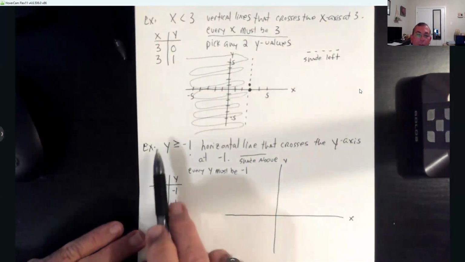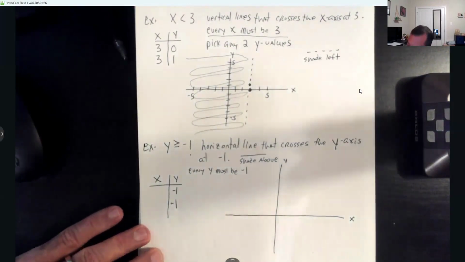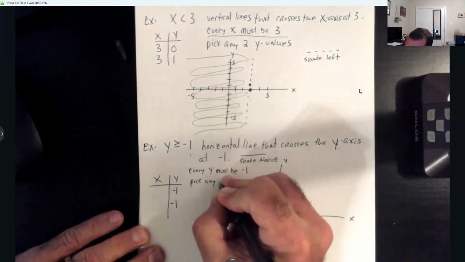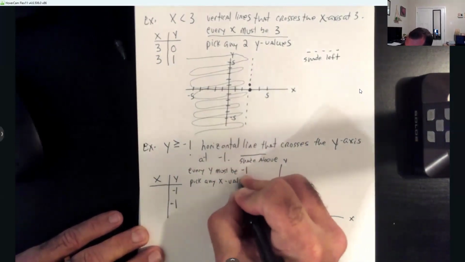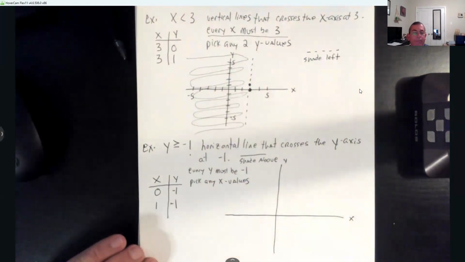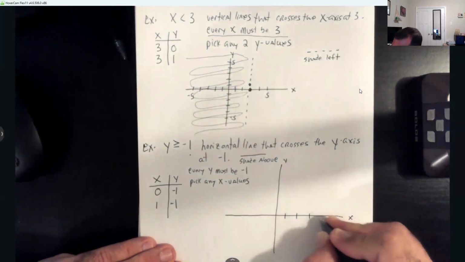Okay? Because that's what we're saying. Y equals -1 here. So every y has to be -1. So on this one, I can pick any 2 x values. So I like 0s and 1s, so I'm going to stick with them. So I now have 2 points. So let me go out about 5 again.